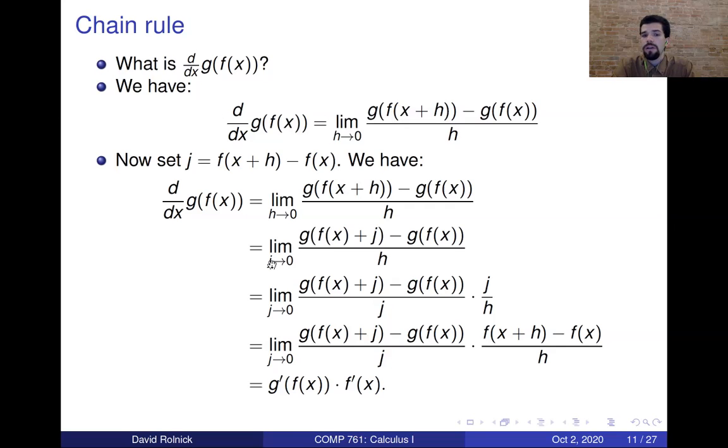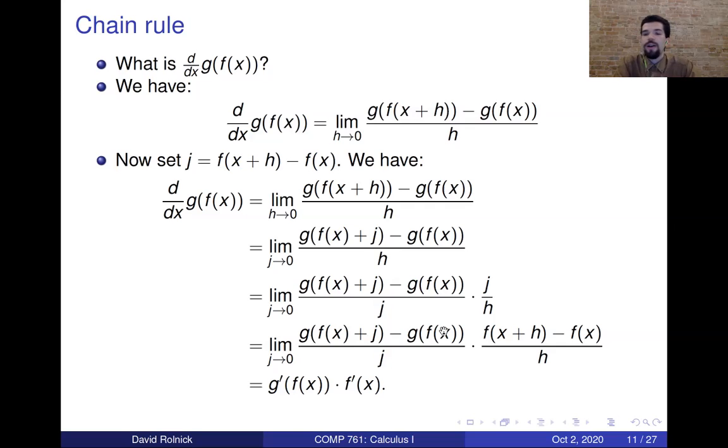Over here, this is just because when h is going to 0, j equals 0 exactly when h equals 0, or at least in that small little area. And when h is close to 0, j is close to 0. The limit is just saying this thing is a good approximation when j is close to 0. It's a good approximation when either h or j is close to 0.